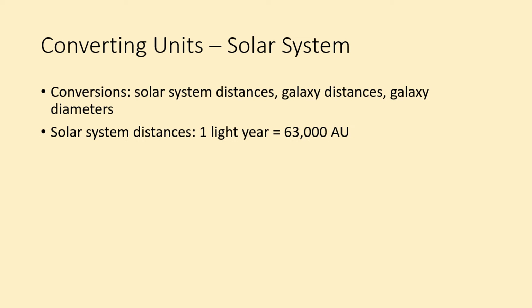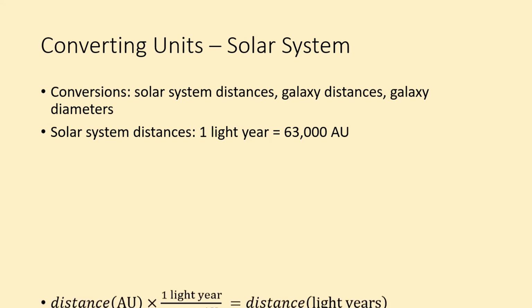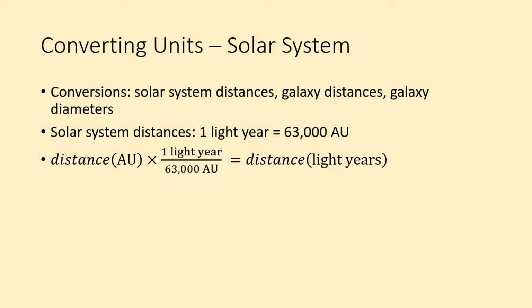The conversion formula for turning distances in AU into light years looks like this: the distance in AU multiplied by 1 light year and divided by 63,000 AU gives the distance in light years. Make sure you review the unit conversions part of the math lecture as you work on this section.